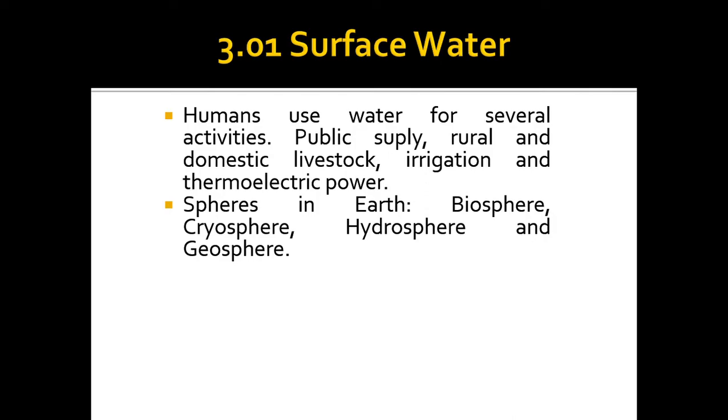Lastly, it might not seem like it, but in the geosphere, it's possible to find water as well, because there is something called groundwater, which is water that infiltrates under the ground and starts flowing around because of some permeable and impermeable rocks underground.